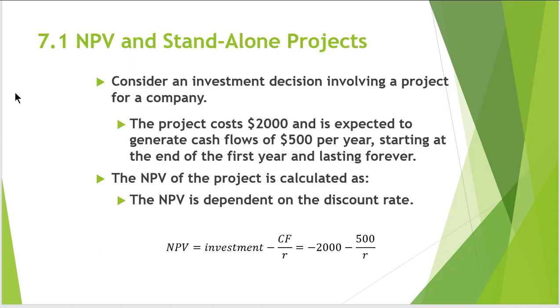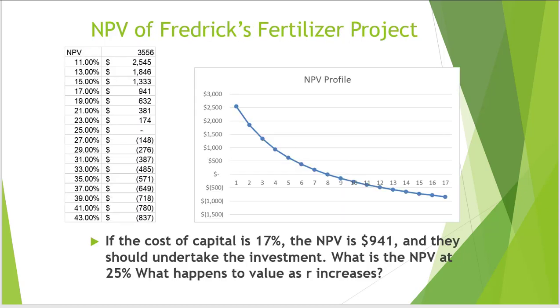So all we've done is solve this formula using a variety of discount rates. And what you see here is we get a graph. This is called the net present value profile. And what you see is that it has a negative slope to it, and there's a point where it crosses the axis for 0 net present value. This will all become a little bit clearer as we go along.